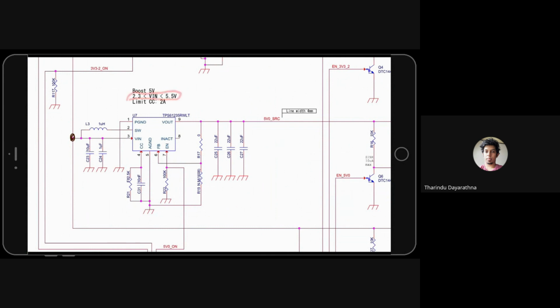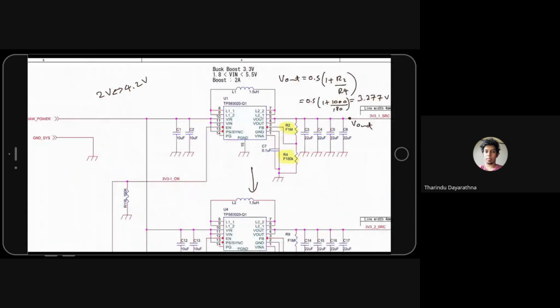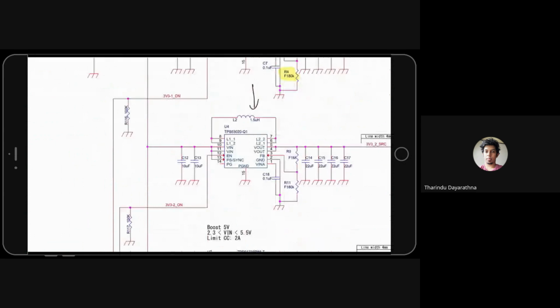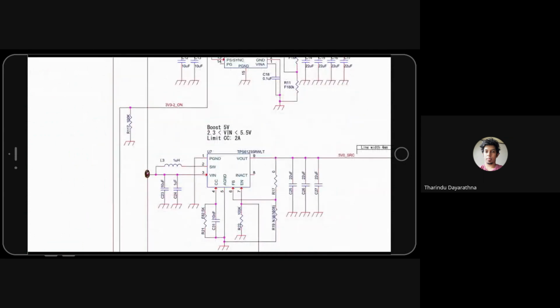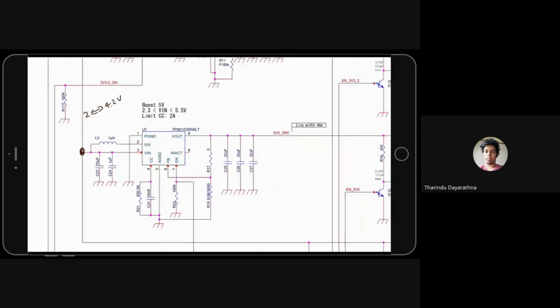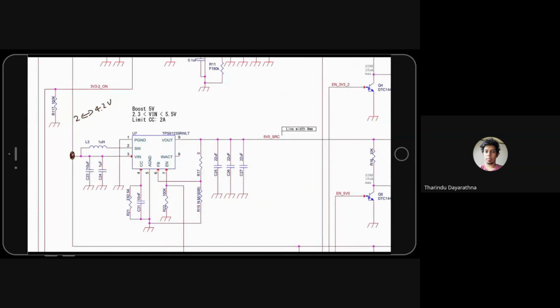There is an issue in this 5 volt case, because our voltage will vary from 2 volt to 4.2 volt. At 2.1 volt or 2.2 volt, this boost converter will not work properly. So you have to consider those conditions. You should not operate the system if the voltage drops below a certain voltage.